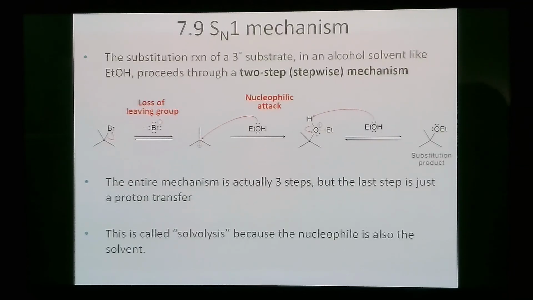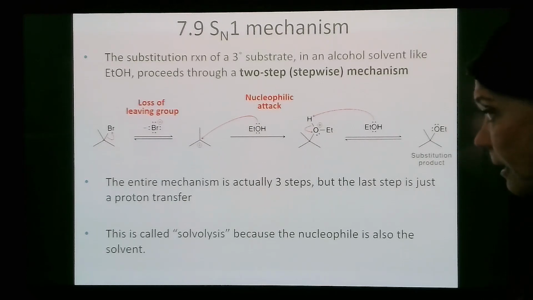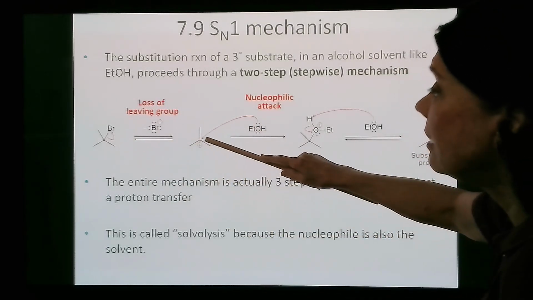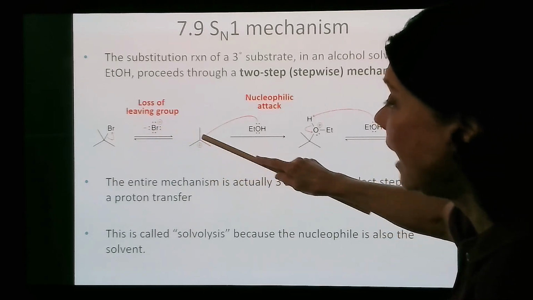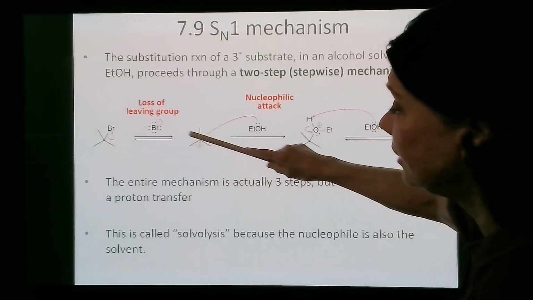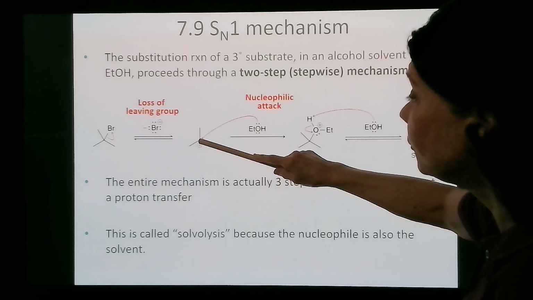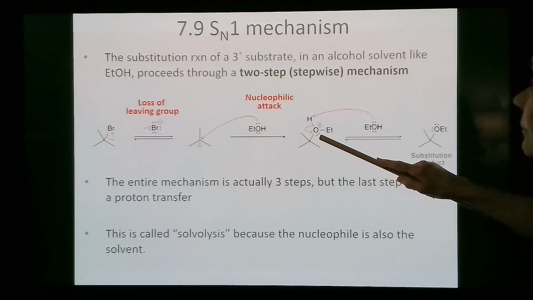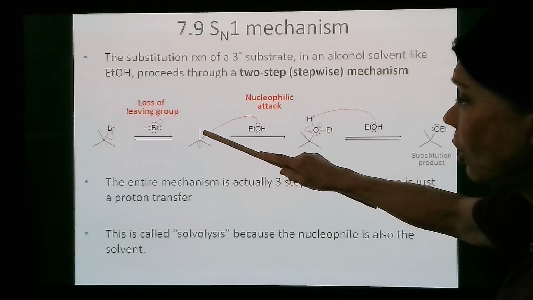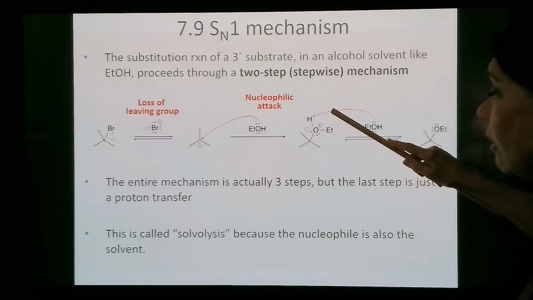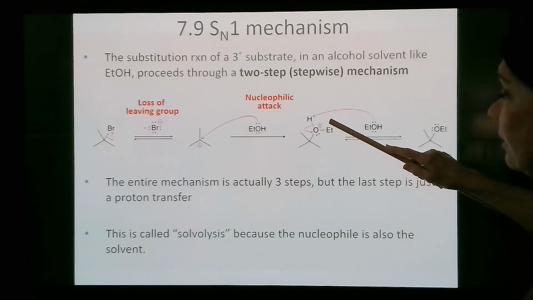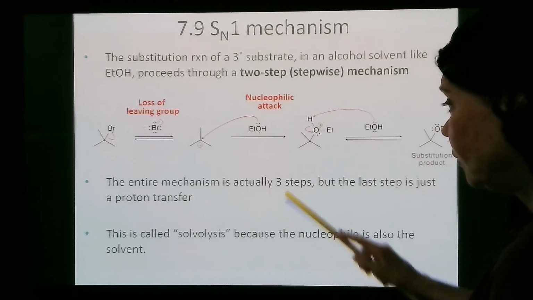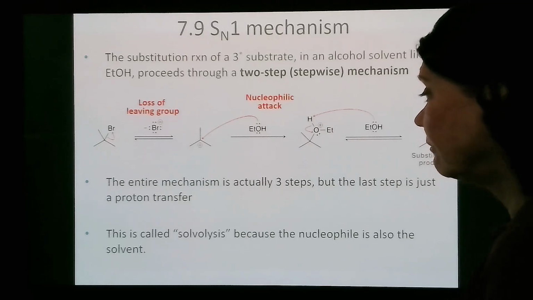So here are the steps again. This is the first significant step, loss of the bromide. Notice that bromide can attack here and go back, so this is drawn as an equilibrium. Then you have nucleophilic attack, and once that oxygen-carbon bond is formed, you're not going to have this loss. It's going to go on to product, so this step is not reversible.